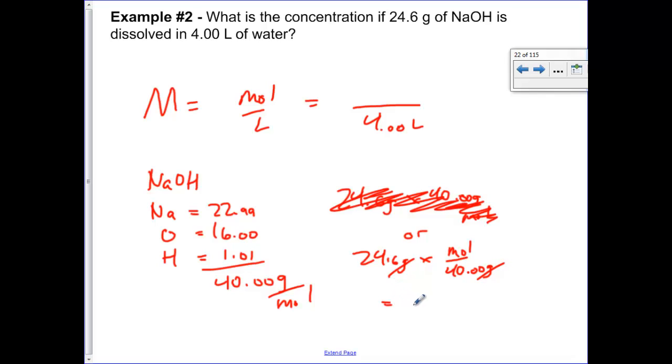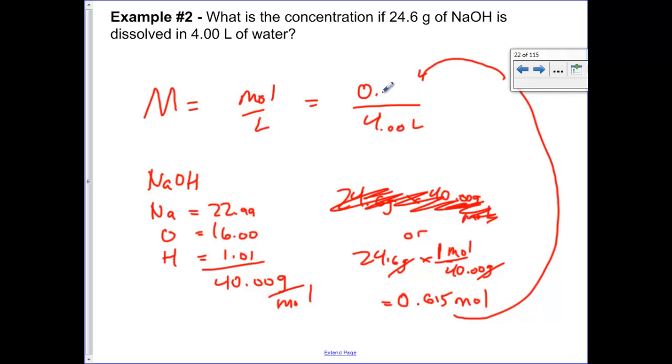So what we have to do is take 24.6. You could times by 1 mole. It's kind of implied there's a 1 right there, but you don't have to write the 1. Really, you have to divide these numbers. So I got 0.615. And now that I finally have moles, I can plug that back up here and do 0.615 moles over 4.00 liters.